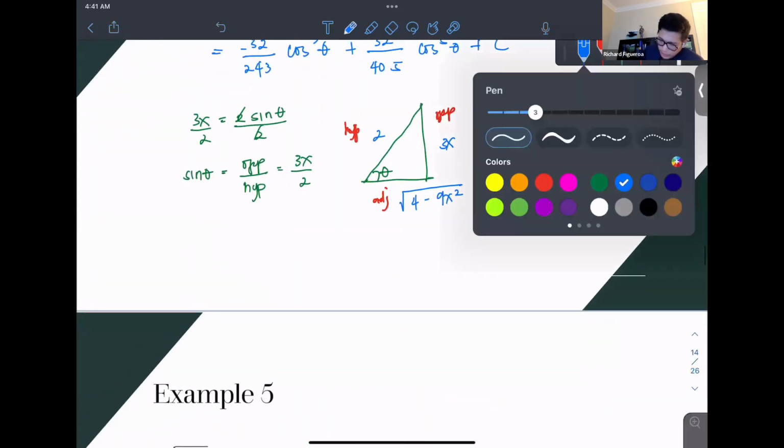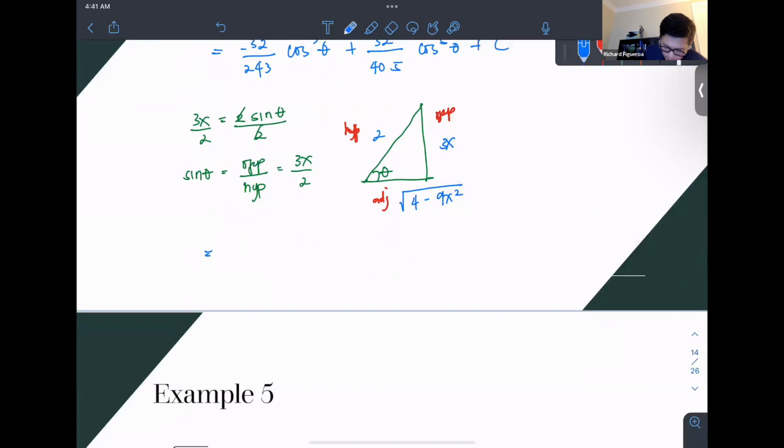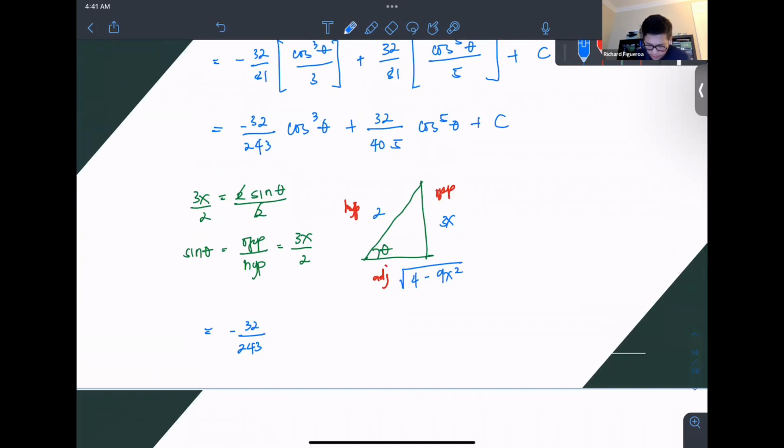So finally, our answer then will be negative 32 over 243 cosine theta. Cosine is adjacent over hypotenuse.